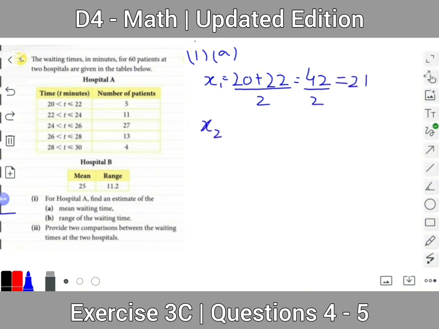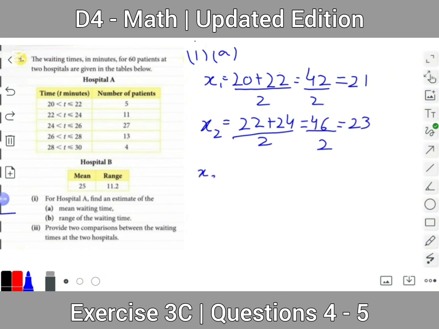Now for the second midpoint, we have 22 plus 24 divided by 2, and it will be equal to 46 divided by 2. So here we have the second mid value, 23.